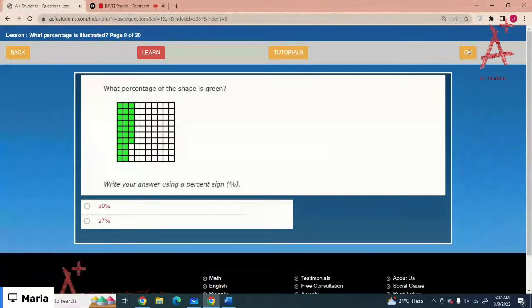What percent of the shape is green? So which is the correct option? 20% or 27%? Very good. 27% of the shape is green.